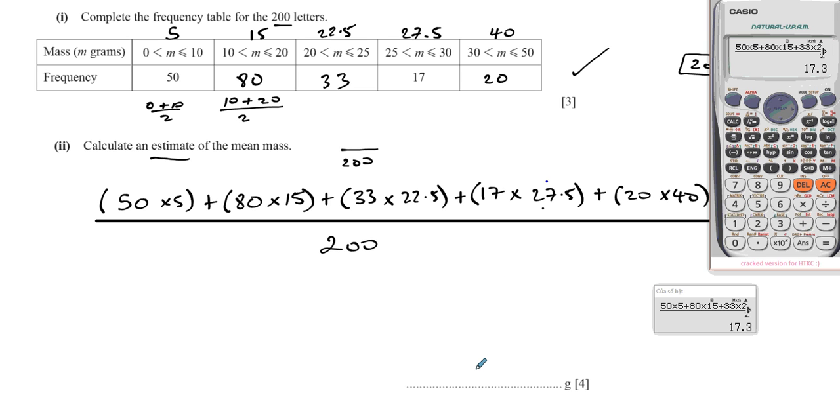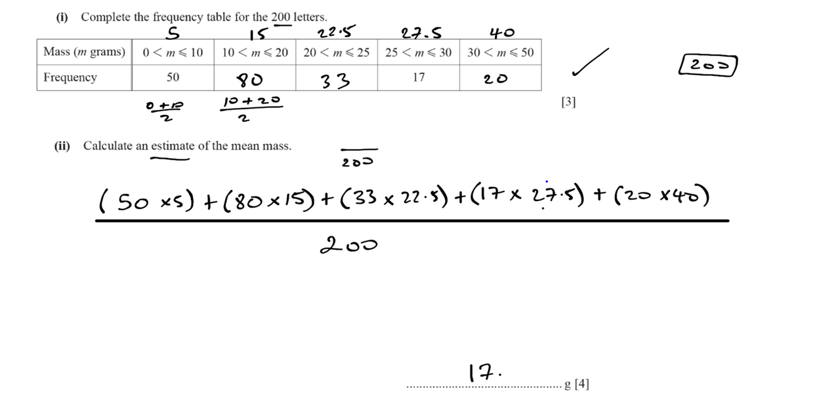17.3. Now, of course, in the exam you don't have a mark scheme to check if you've done it right or wrong. But one piece of advice: always check to see, is my answer sensible? If you're looking at the mean mass, it has to be somewhere between 0 and 50 grams.